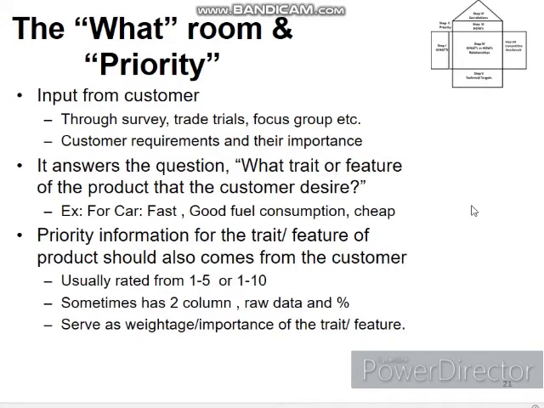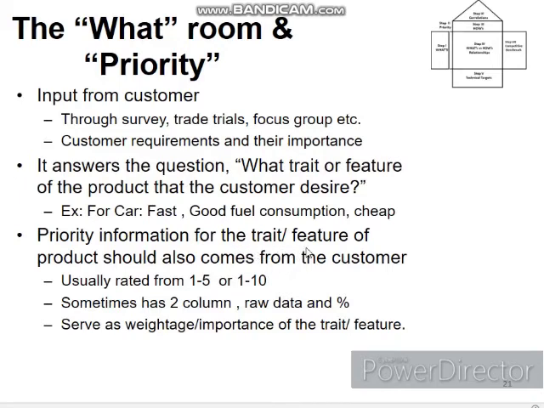So basically, we want the attributes of the product that the customer desires, and we jot them down in this particular room, column-wise.